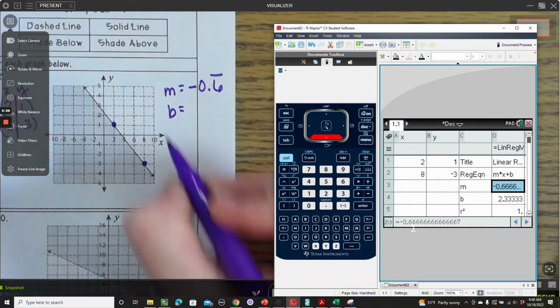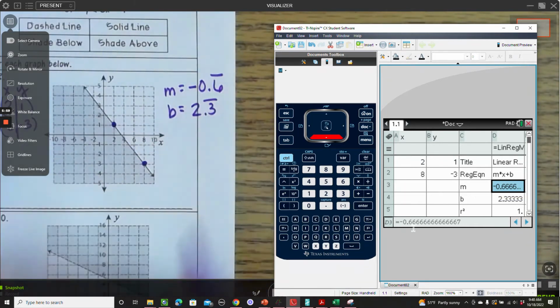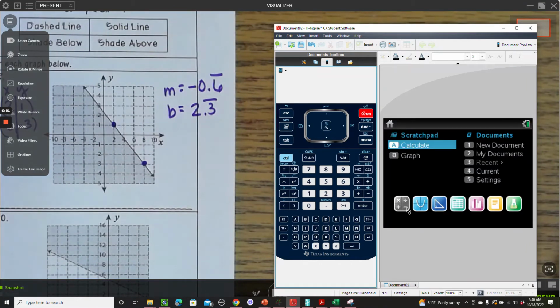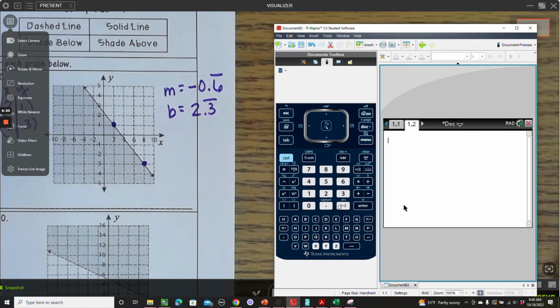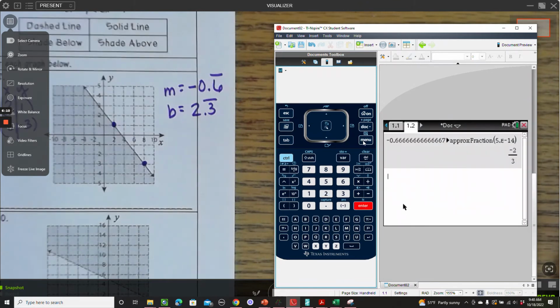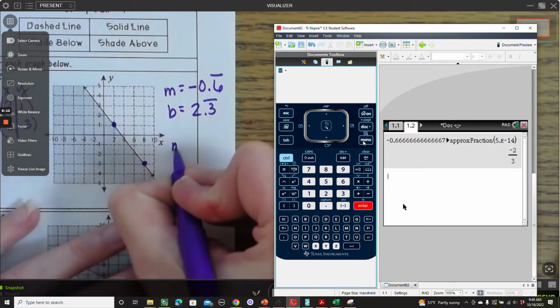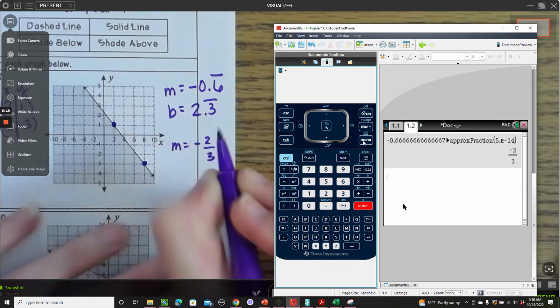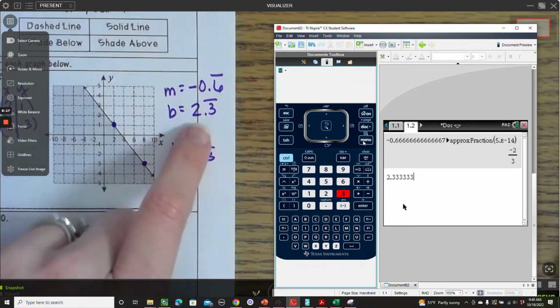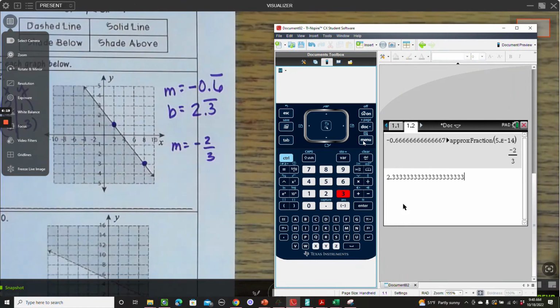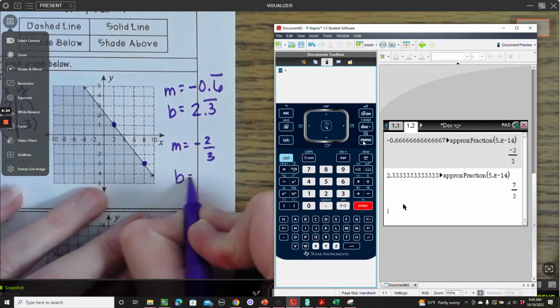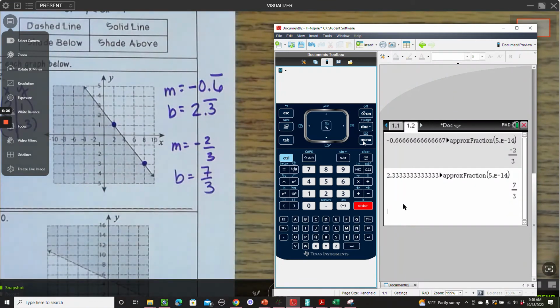My B is 2.3 repeating. So I need to change those. So negative 0.6 repeating, type a bunch of the number that repeats, menu 2, 2. So there's my slope, negative 2/3, and then 2.3, bunch of 3's repeating, menu 2, 2. Y-intercept is 7/3.